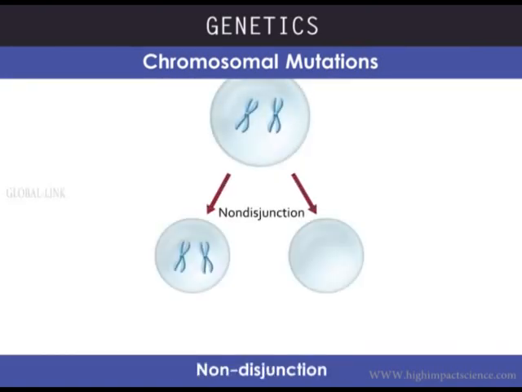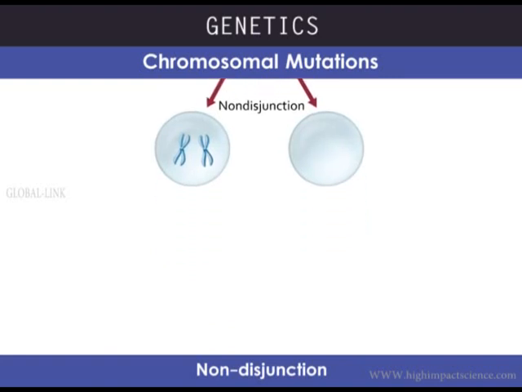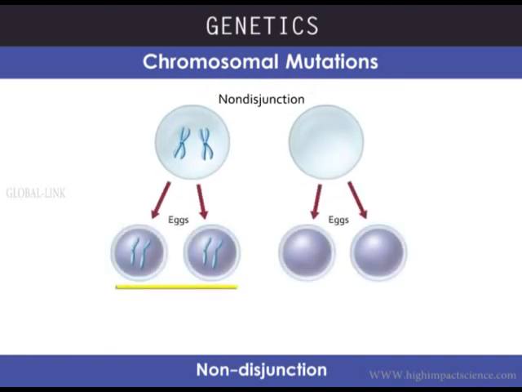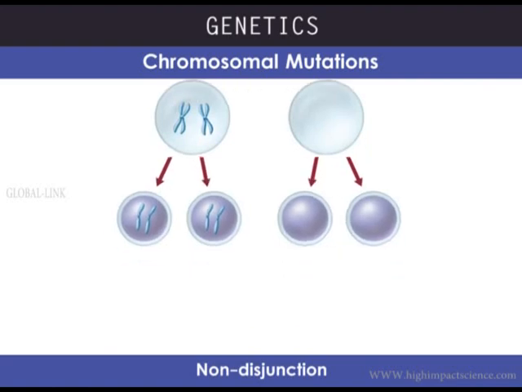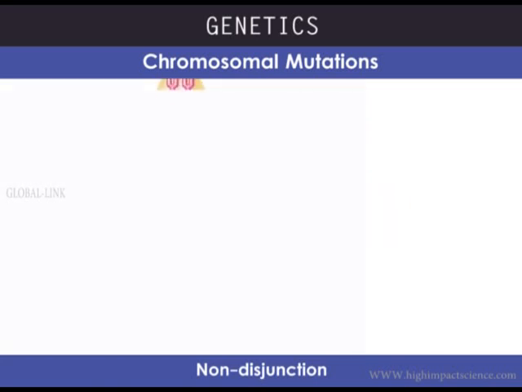Non-disjunction is a kind of chromosomal abnormality that results in addition or loss of one or more whole chromosomes. It occurs during the anaphase stages of meiosis. During anaphase 1, homologous chromosomes separate and move to the opposite poles.